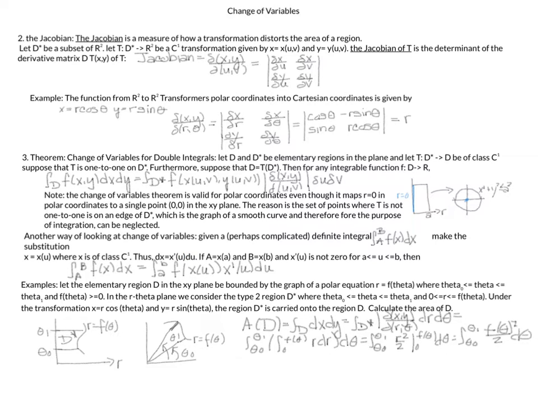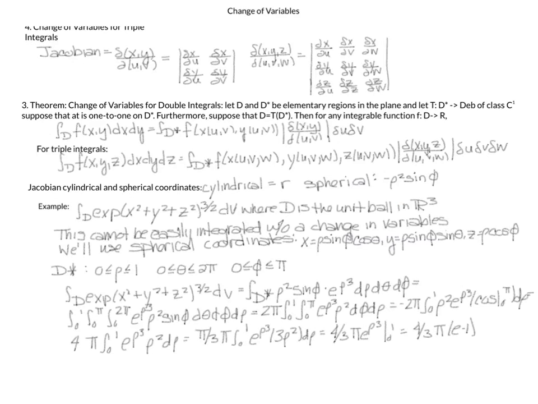So if a, our endpoint, is equal to x of a, and b, the other endpoint, is equal to x of b, and x prime of u is not 0, then we would transform the integral from a to b of f of x dx into the integral from little a to little b of f of x of u, composed, times x prime of u. So the idea is this x prime of u is sort of captured by our Jacobian.